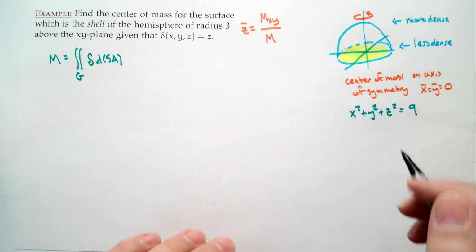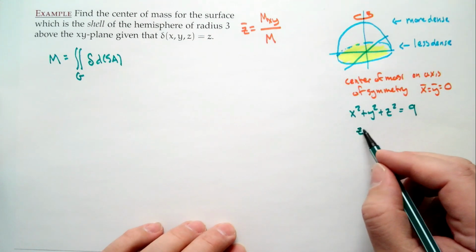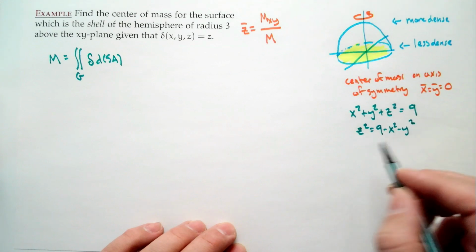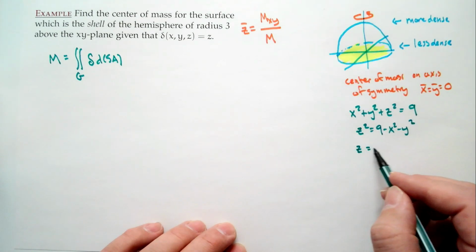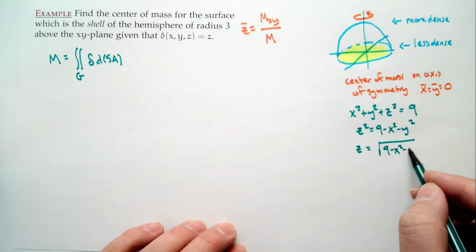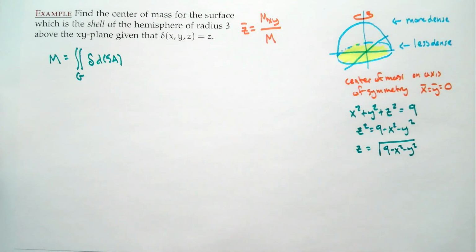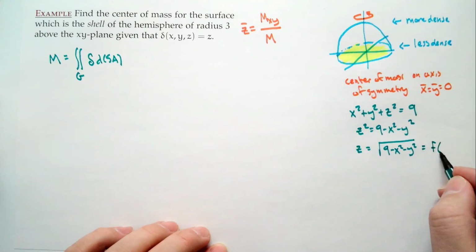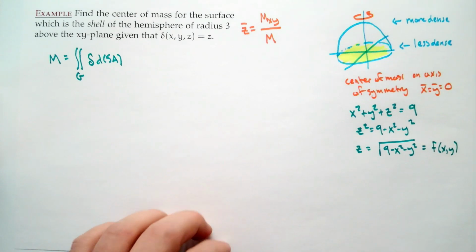And we'll see why in just a second here. Z squared is 9 minus x squared minus y squared. And then when I take the square root, I'll get z is the square root of 9 minus x squared minus y squared. Now, normally when you take a square root, you get a plus or minus. Here we just want the plus, because I want to be on the top side. So I need the plus side. So in terms of what we just talked about, I'm thinking about this as my function f of x, y.